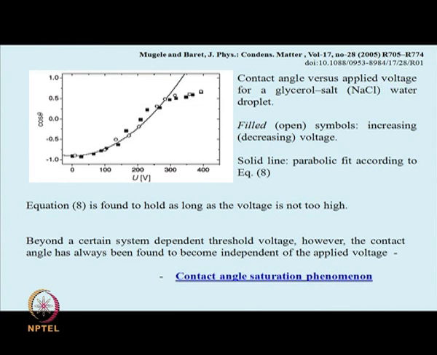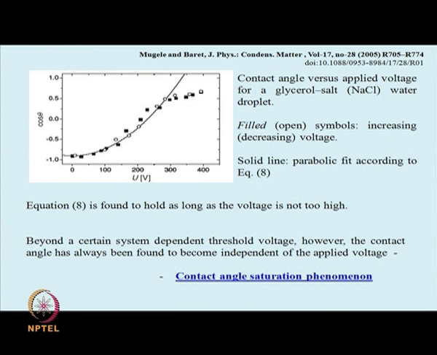The second one is known as contact angle saturation. What we saw is that there is a parabolic relationship between the voltage applied and the contact angle change. If we look at this figure, we can see the variation of cos theta with the applied voltage U, and it follows more or less the Young-Lippmann equation up to a certain voltage, let us say when the voltage is close to 280 or so.